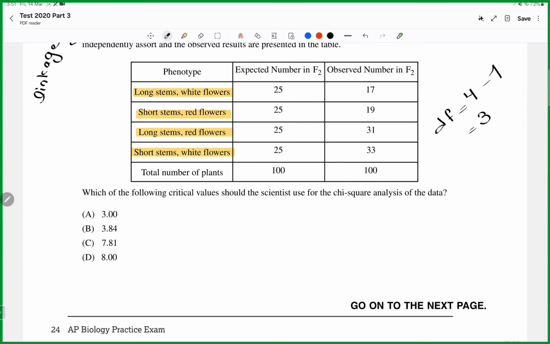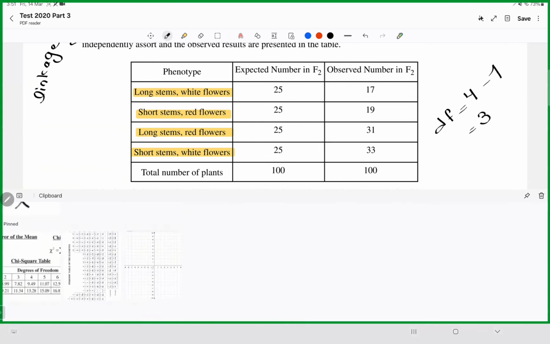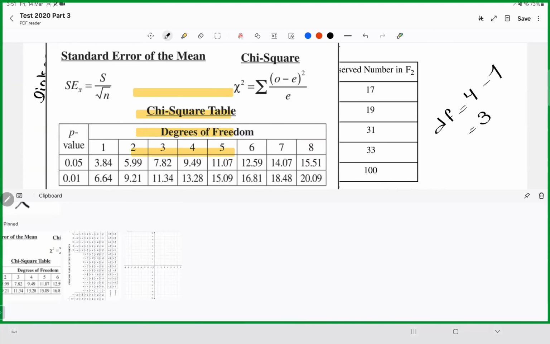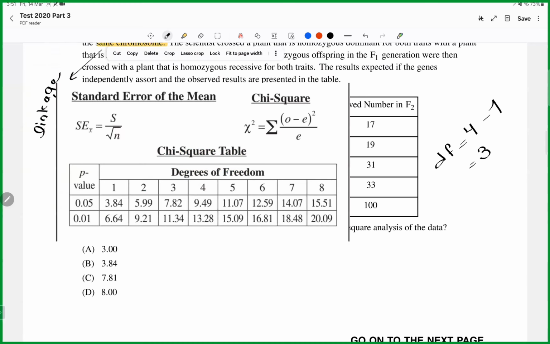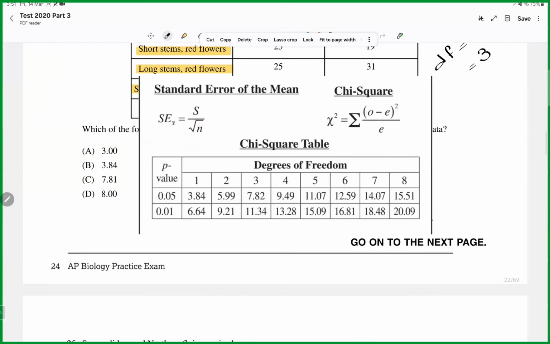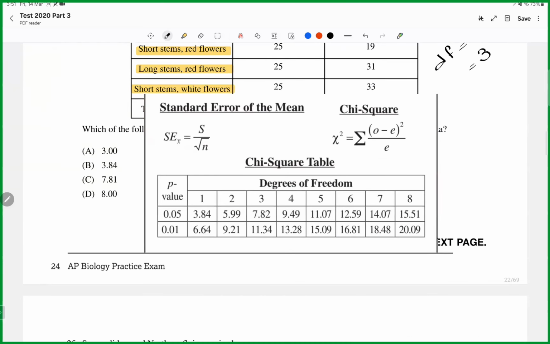Now, you should go to your chi-square table, which is found in your reference sheet, which is this one. When you have 3 degrees of freedom, and the p-value is 0.05. By the way, the p-value will always be 0.05 unless they say 0.01.